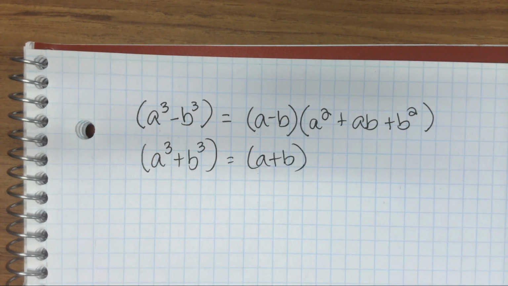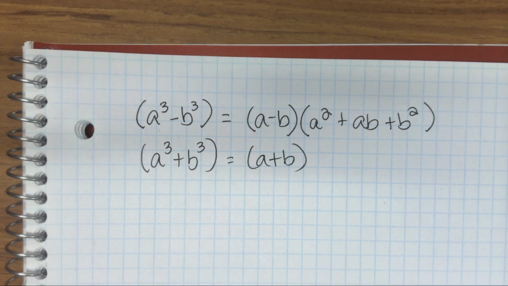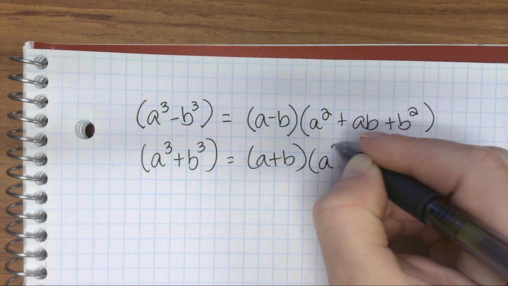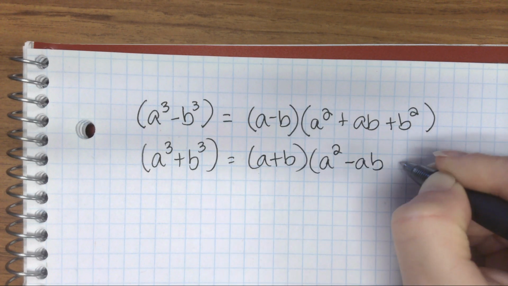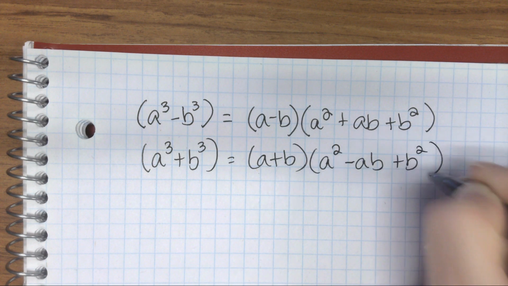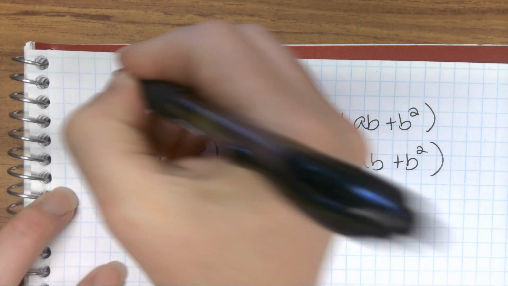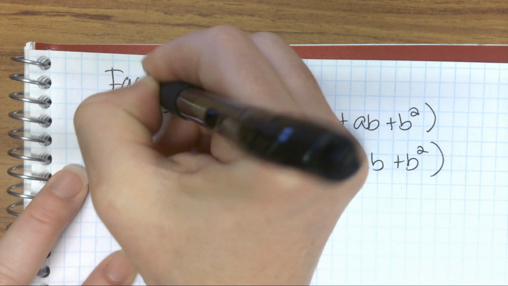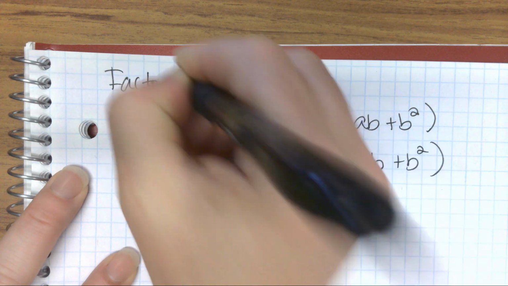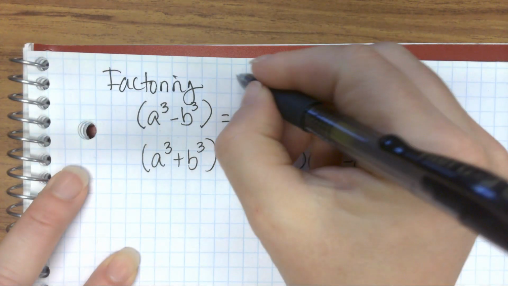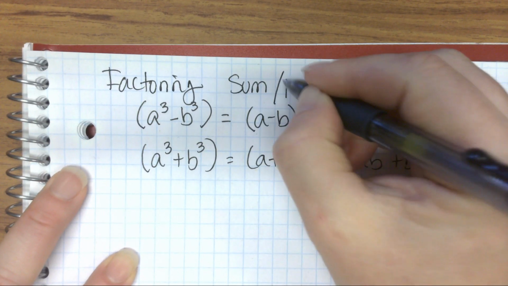And then the inside is flipped around. This is a squared minus ab plus b squared. I'm just going to write this down so we have a title. Difference of cubes.